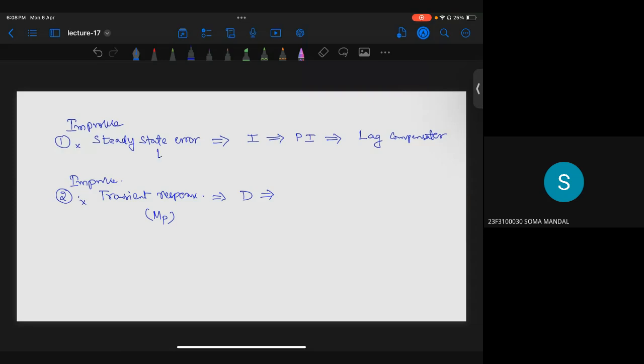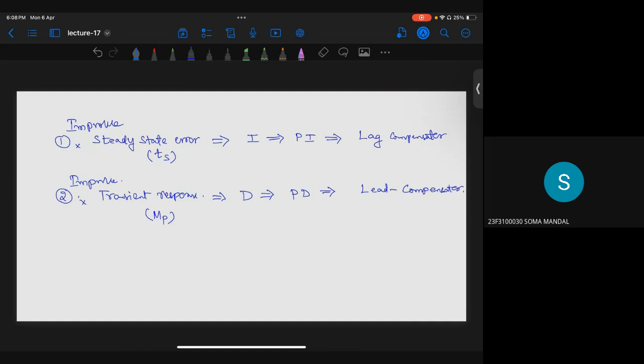Steady state response means settling time. Reducing settling time means improving the steady state error. Reducing peak overshoot means improving the transient response. From this we will see why we are going for the PD controller. Then from this we will see the lag compensator, lead compensators.